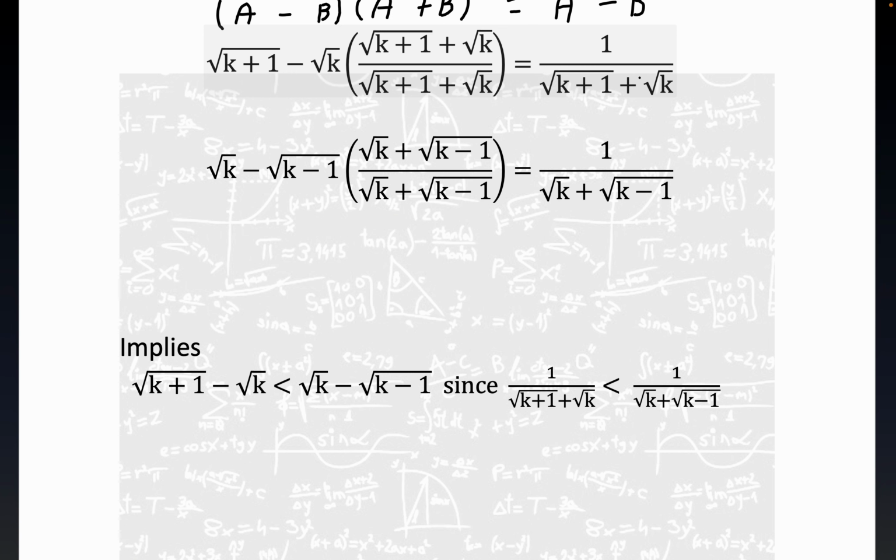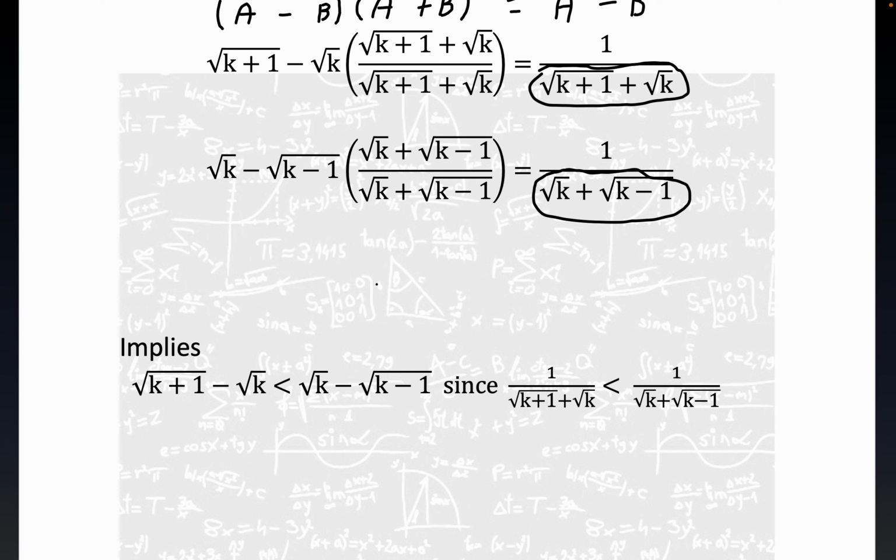Again, folks, this denominator right here is larger than this denominator here. So this circled expression is larger than this circled expression, and that makes this guy the larger number. That makes the square root of k minus the square root of k minus 1 the larger number.